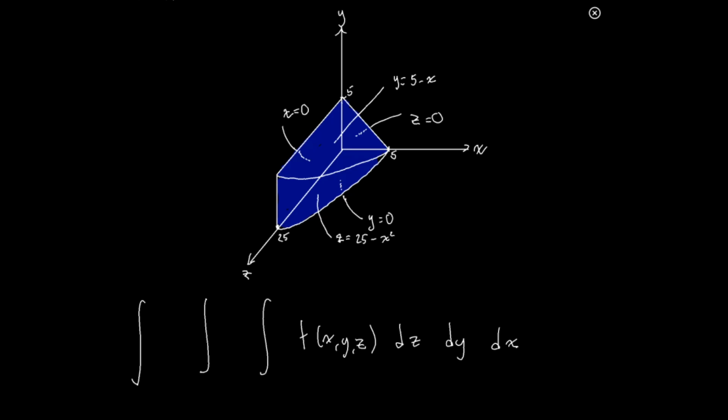Next we're going to do dz dy dx. So x is the outermost variable, so we start with that. It goes from 0 to 5. Then y as a function of x goes from y equals 0 down here, up to this line right here, which is this equation, but we need it in terms of y, which it already is.